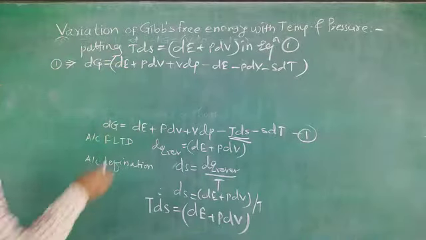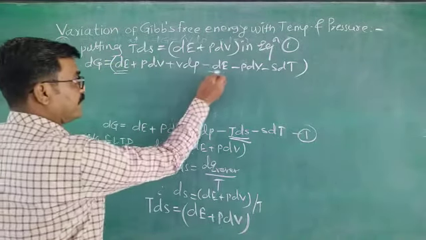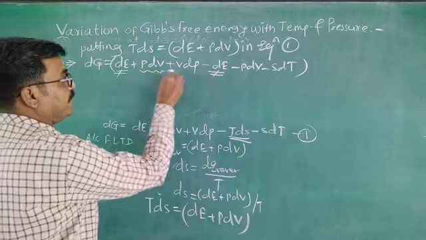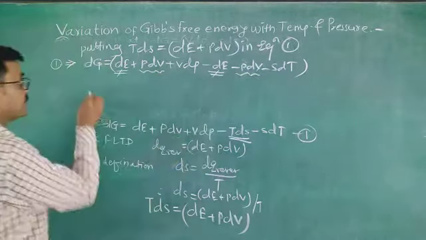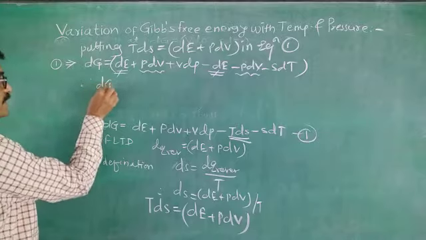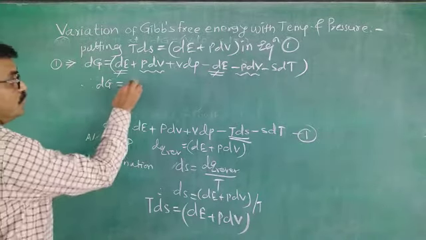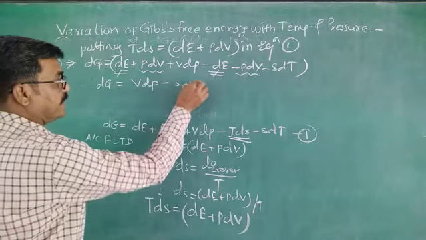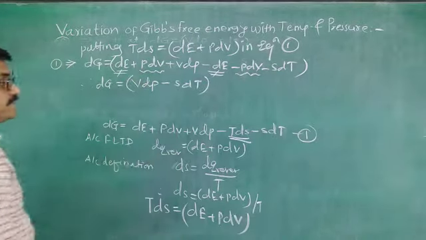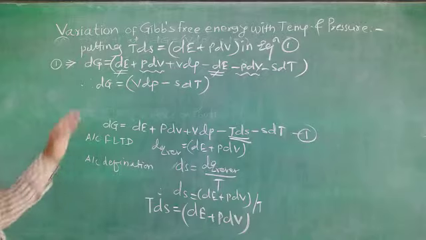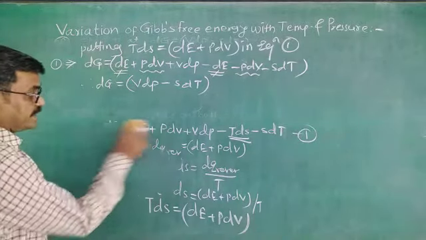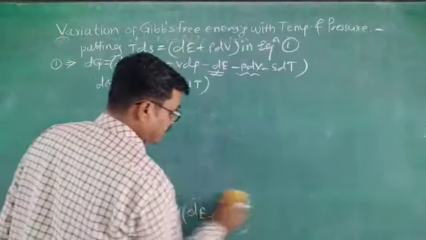See carefully: dE minus dE gets cancelled, then PdV minus PdV gets cancelled. That's why dG equals VdP minus SdT, and this is our required equation. Show that dG equals VdP minus SdT, which is proven here.